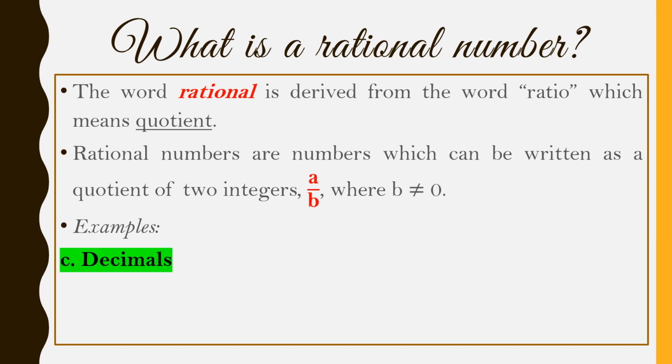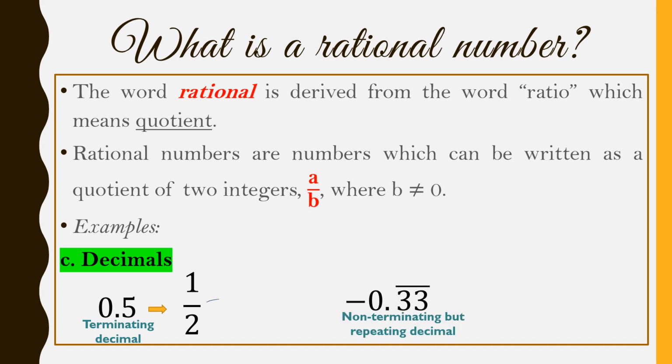Another one is a decimal. Decimals can be written as a quotient of two integers. This is a terminating decimal and it can be expressed as 1/2. Later on, we will learn how to express numbers from decimals to fractions and vice versa.